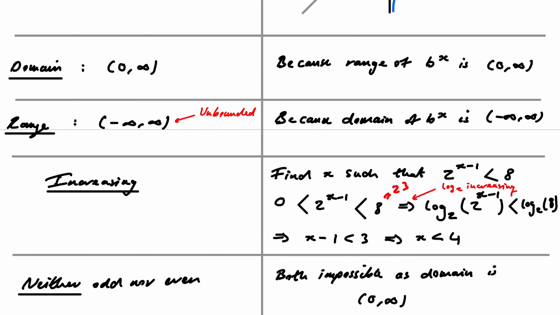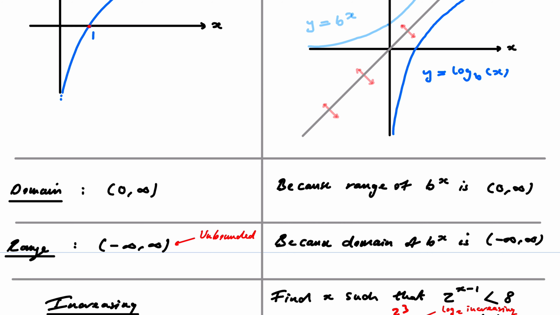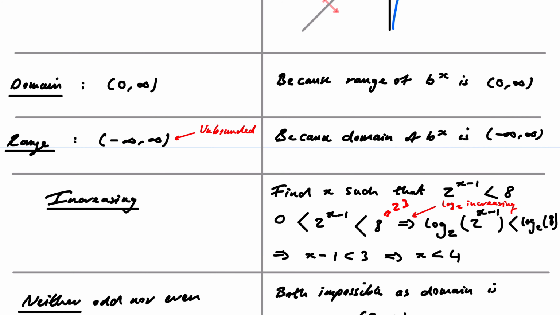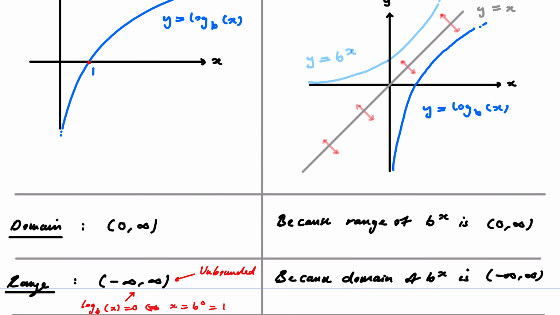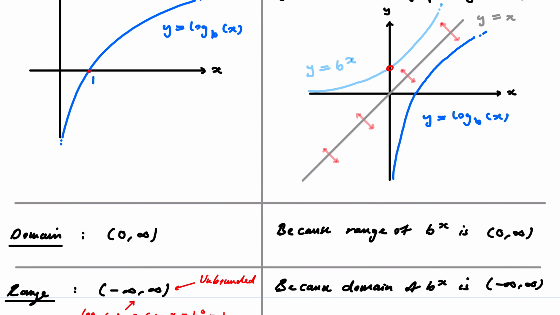And as we can see, there's only one x-intercept at 1. I'll put this in here because it's a logical place. Log to the base b of x is equal to 0 if and only if x is equal to b to the 0, which is equal to 1. So there's only one x-intercept corresponding to the y-intercept for the exponential function.